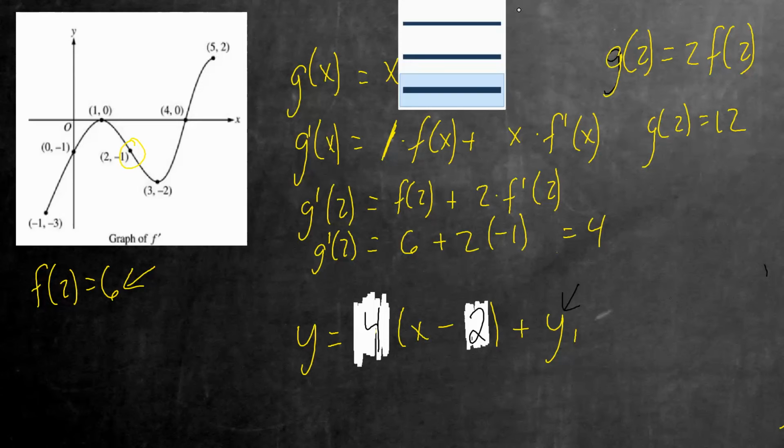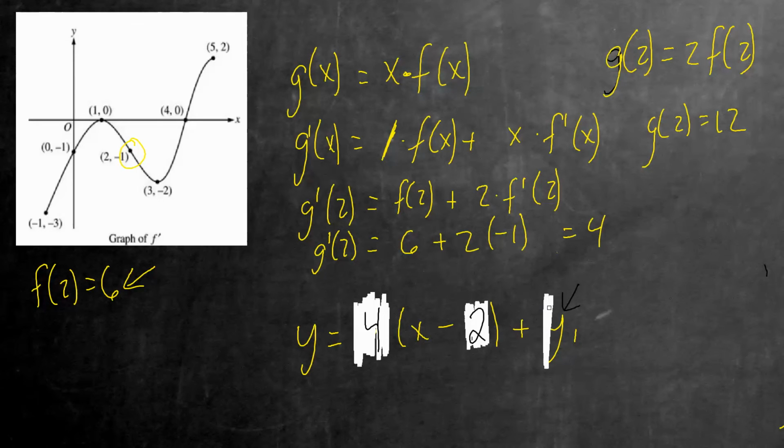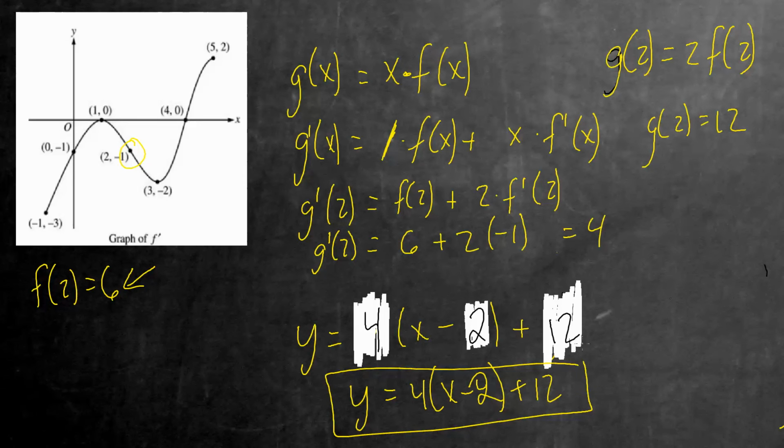Then we can put our 12 right there. So I could probably clean that up a little bit. y equals 4(x minus 2) plus 12. Little product rule derivative, plugging numbers in. We got this. Calculus.